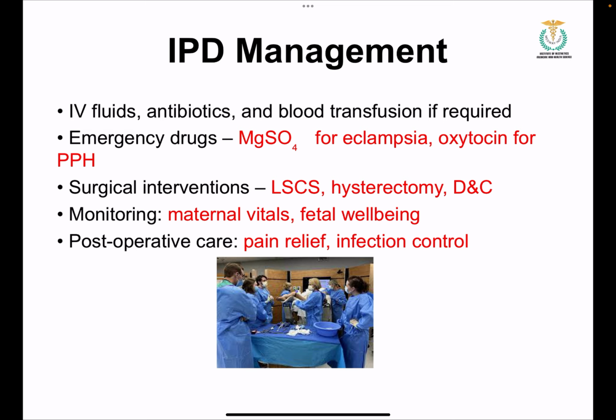Surgical intervention: surgeries like cesarean section in obstructed labor, hysterectomy in uncontrolled bleeding or malignancy, and D&C, that is dilation and curettage, for retained products of conception. These are the surgical interventions you will be doing as an OBGYN.